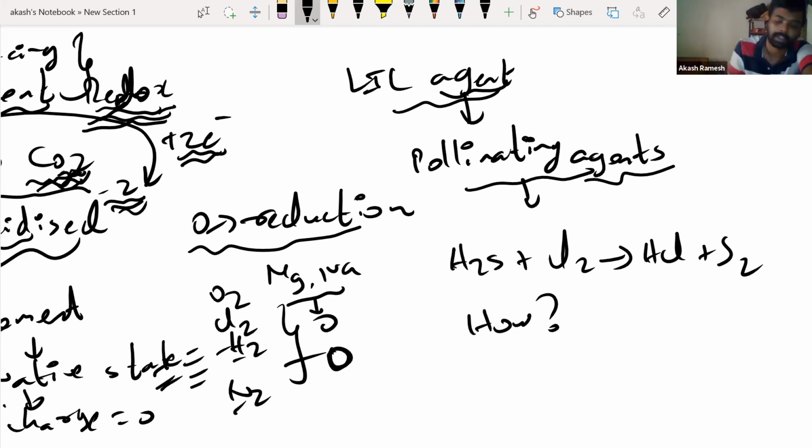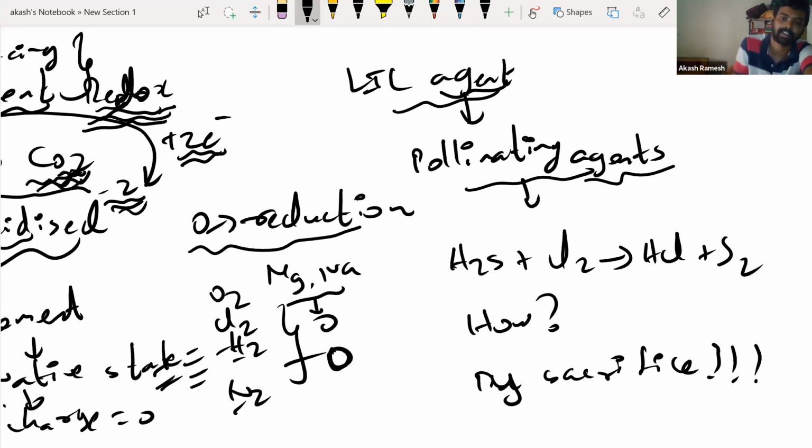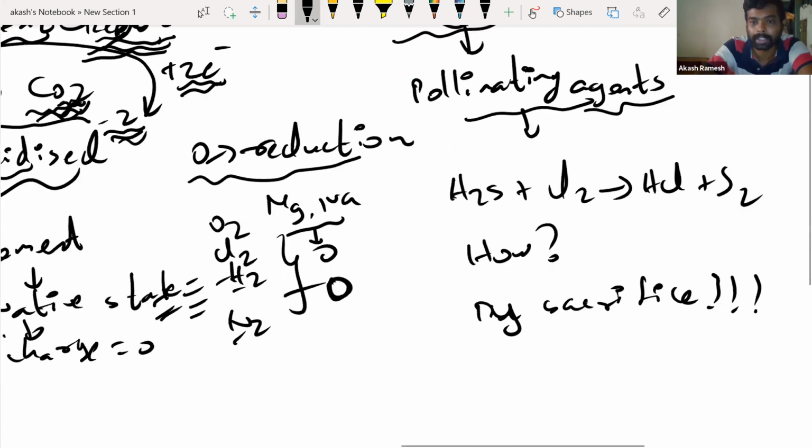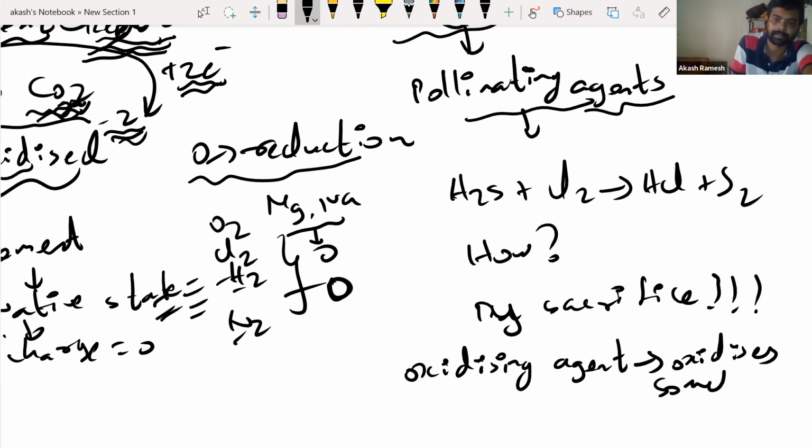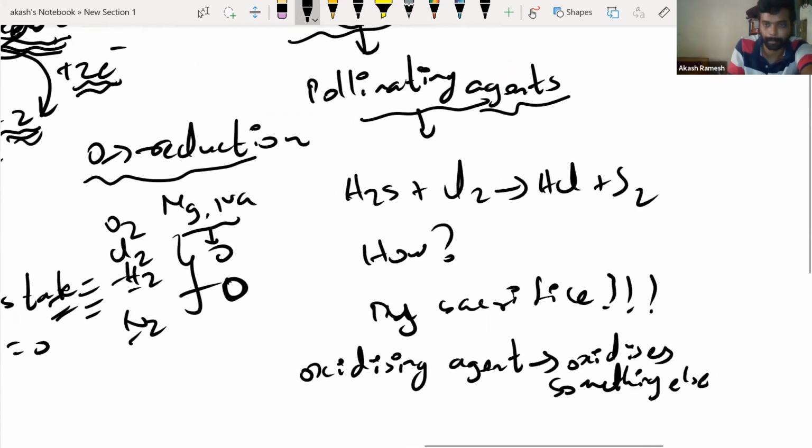They help by sacrifice. What do you mean by sacrificing? For example, if I have an oxidizing agent, an oxidizing agent oxidizes something else. How? By reducing itself.